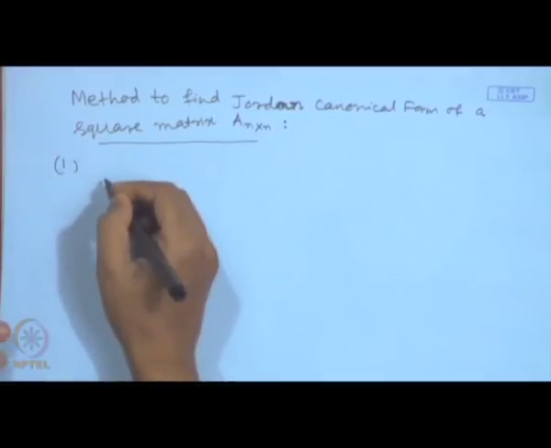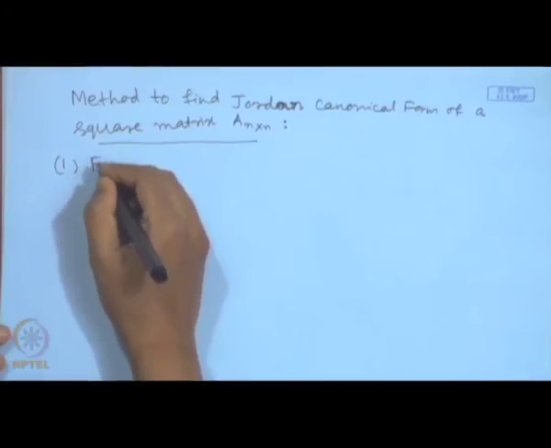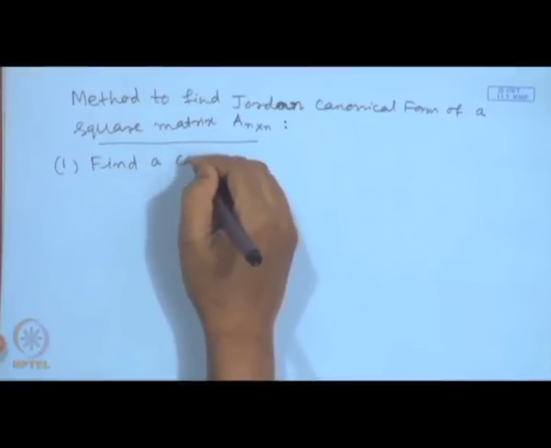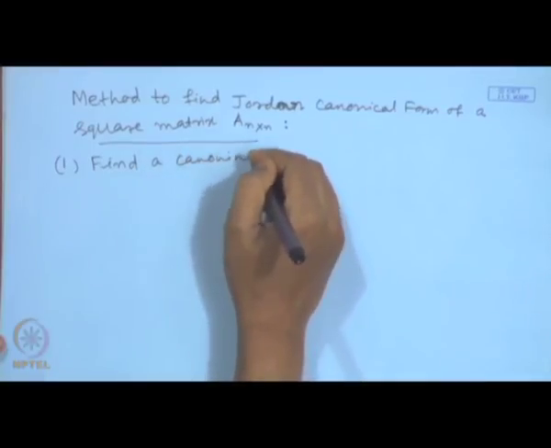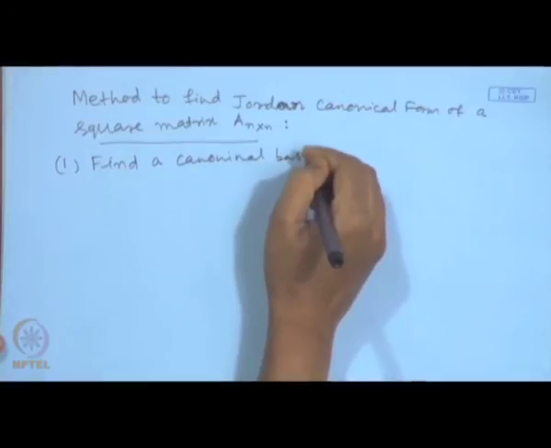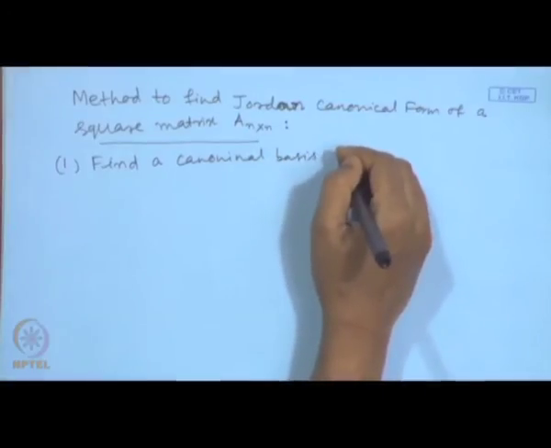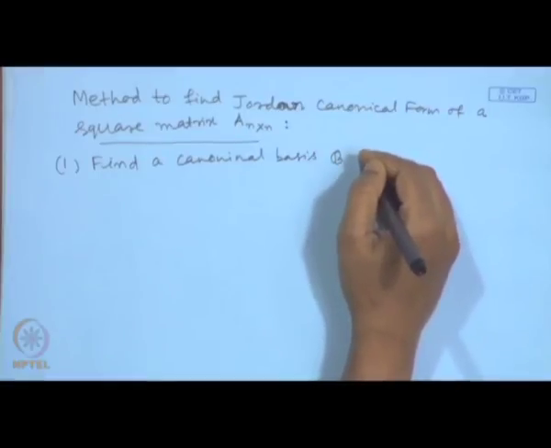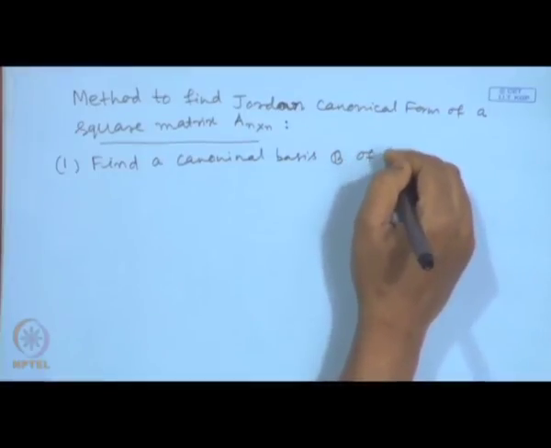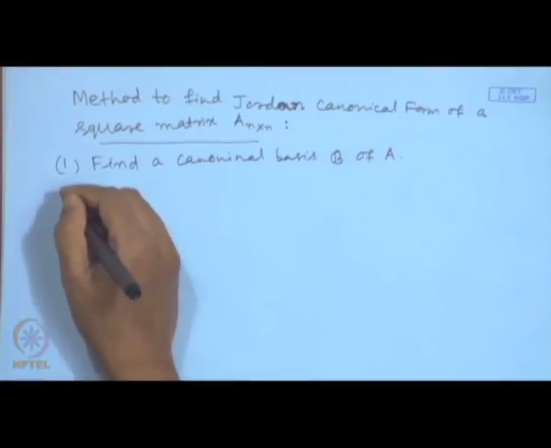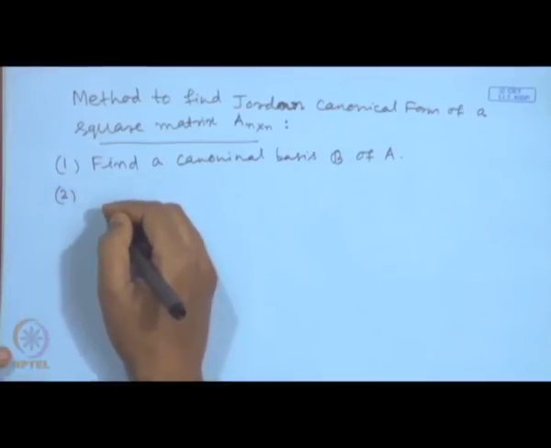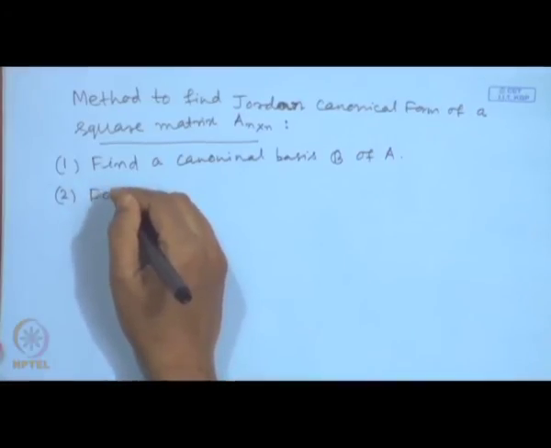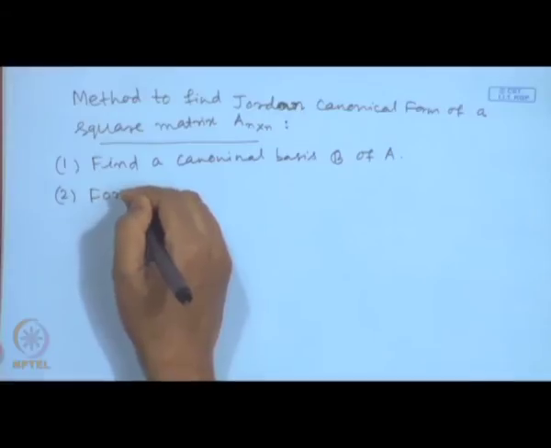First step is we find a canonical basis B of this matrix A. Second step is that we form a matrix M, which we call the modal matrix.